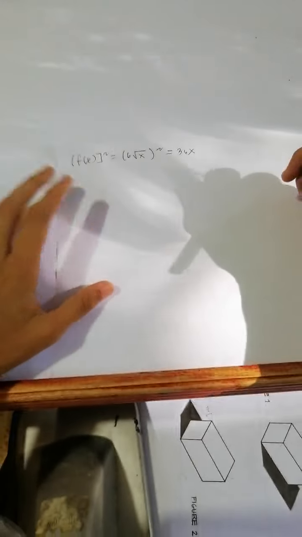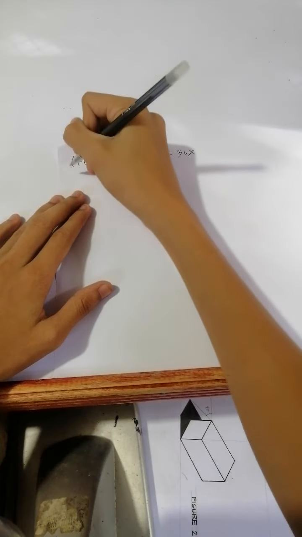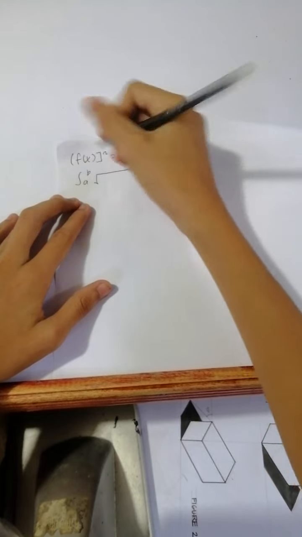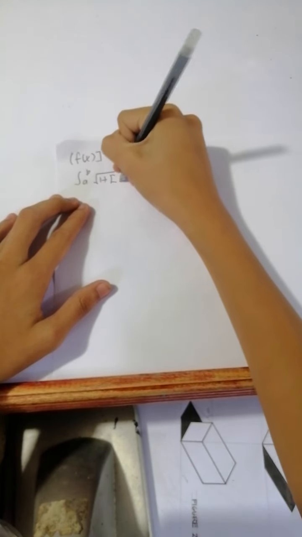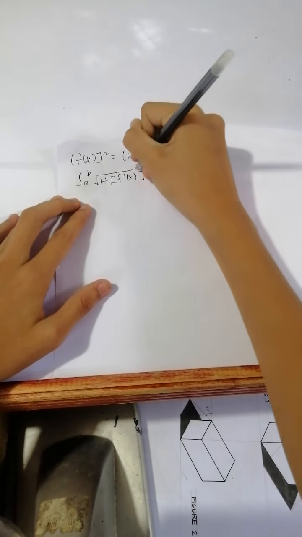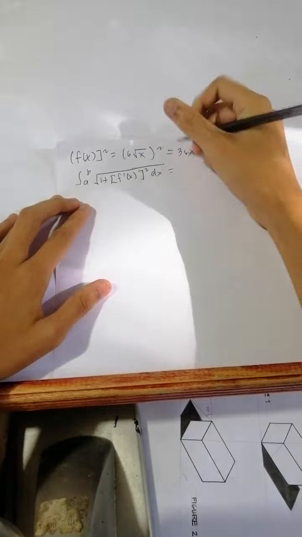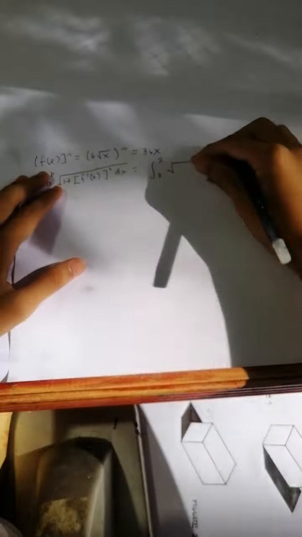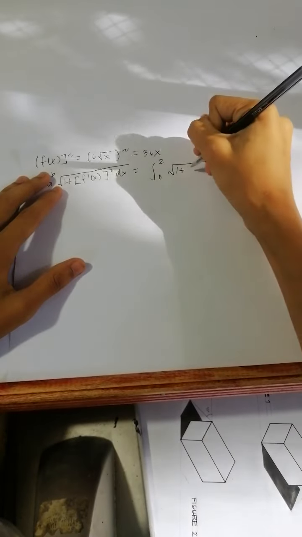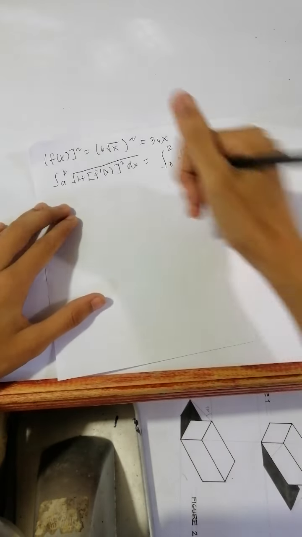Now the next step is substitution into your formula: the integral of the square root of 1 plus (f'(x)) squared dx equals the integral from 0 to 2. You have your 0 and 2 as your limits of integration, then copy the constant, substitute the 36x, and then copy the dx, which is your variable of integration.